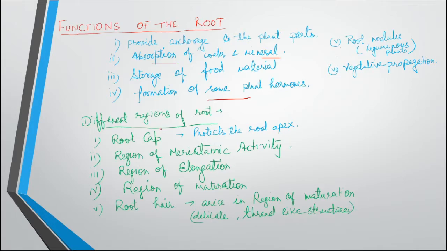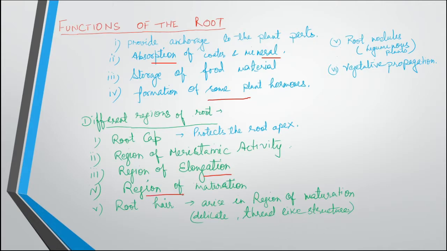Then there are different parts of the root, like the root cap which covers the root apex and protects it. Next comes the region of meristematic activity or the zone of meristem. In this zone, the cells undergo rapid cell division and increase in number. Above this is the region of elongation, in which the cells undergo elongation, but no cell division takes place.